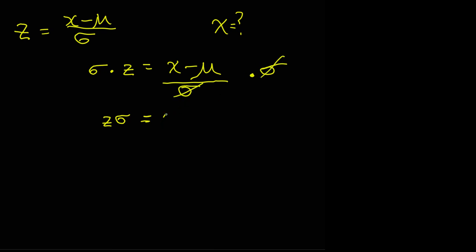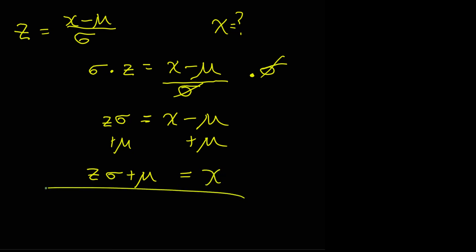These will clear each other, and I have x minus mu. If I want to continue to get x on its own, I'll add mu to both sides. And so I get z times the standard deviation plus the average is equal to the x value. And so I have the ability to find my x variable if I know my z-score, my standard deviation, and my mean.